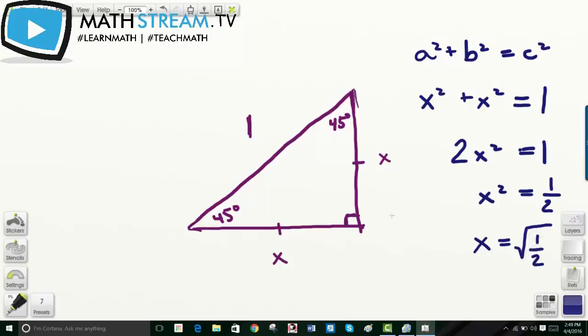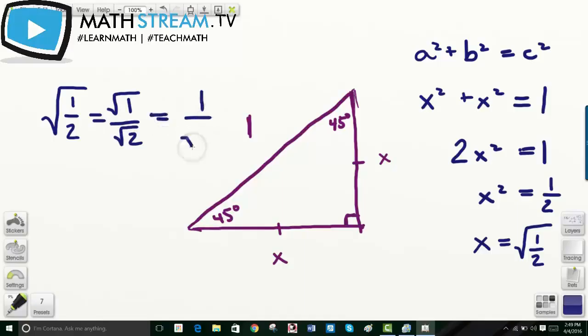I don't know if you remember, back when we talked about square roots, I think it was maybe second quarter, we said the square root of 1/2 is the same as the square root of 1 over the square root of 2. The square root of 1 is just 1, so really we just have 1 over the square root of 2.